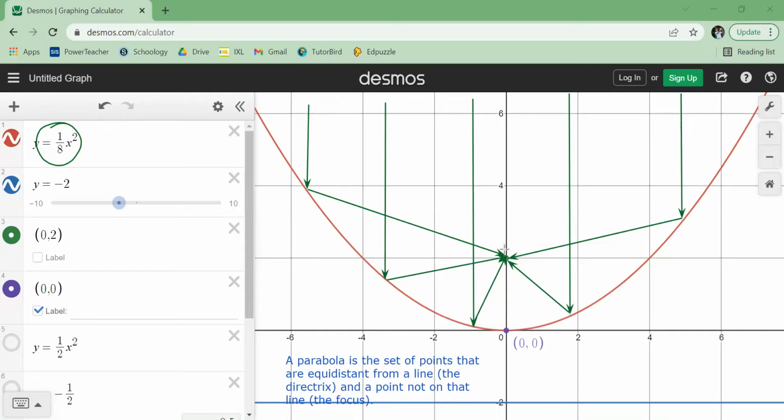The opposite of this, incidentally, is a flashlight. So with a flashlight, you have light that's emanating from this point. The inside of the flashlight bowl or container or dish, whatever you want to call it, is reflective. And it is also in the shape of a parabola, so that all the light that comes out, and just imagine going backwards on all of these arrows, all of the light that comes out reflects perfectly parallel.